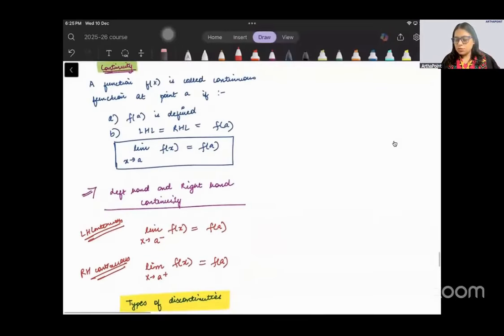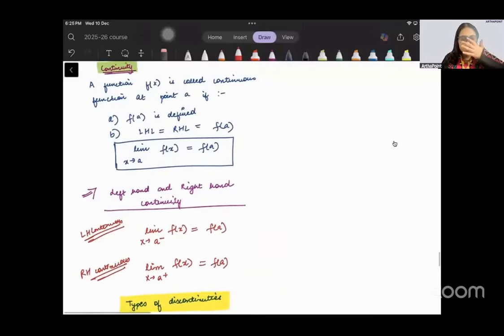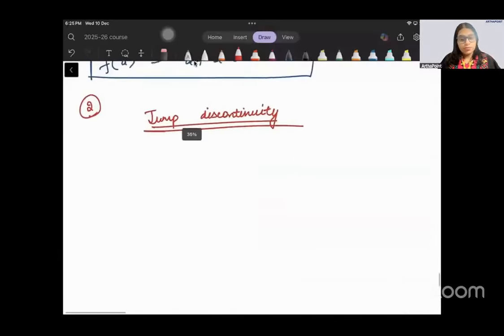Jump discontinuity just goes ahead and says that we are taking a jump.